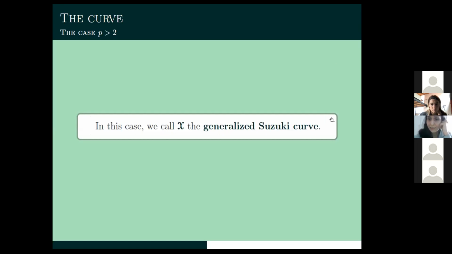Now, if we consider the odd characteristic case, we change the notation. We are no longer dealing with the Suzuki curve, but with what we call the generalized Suzuki curve. We can ask some natural questions about this curve.